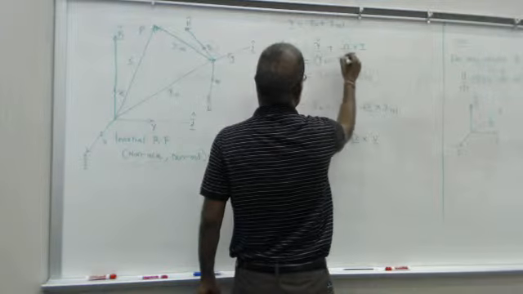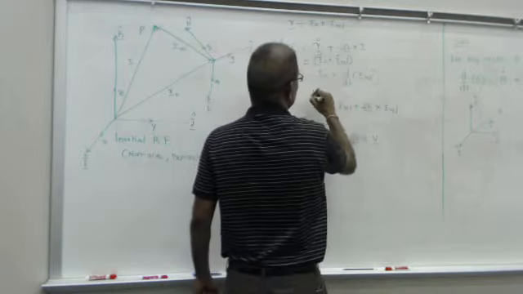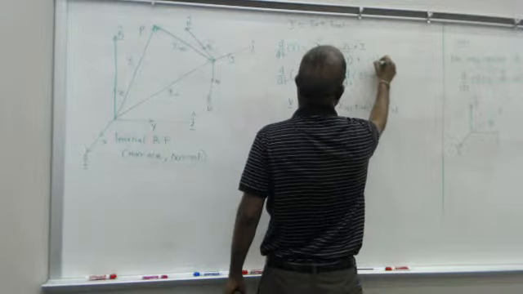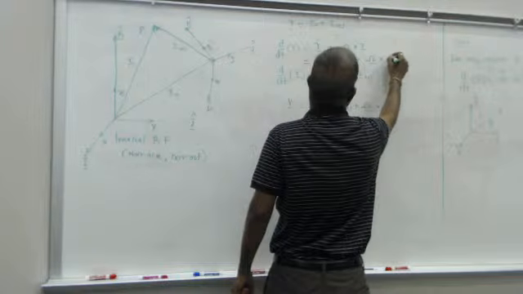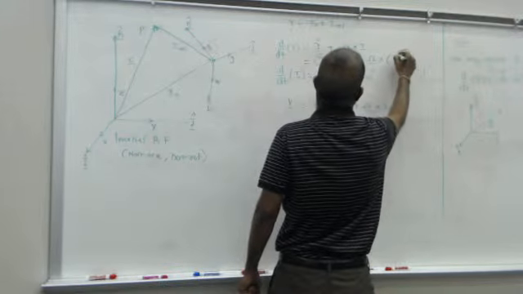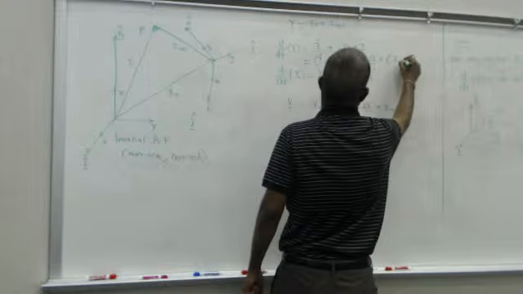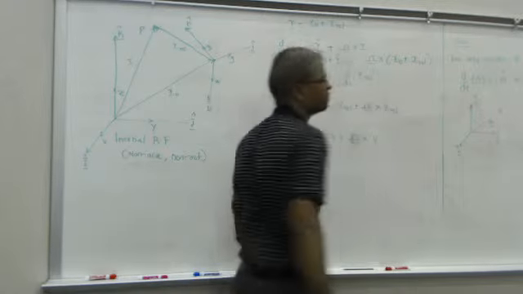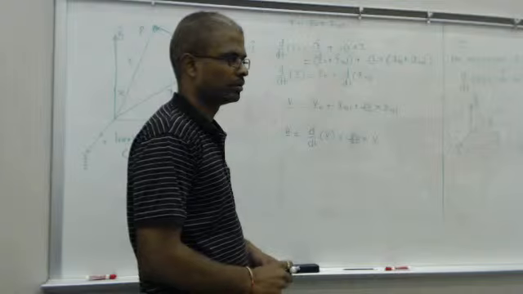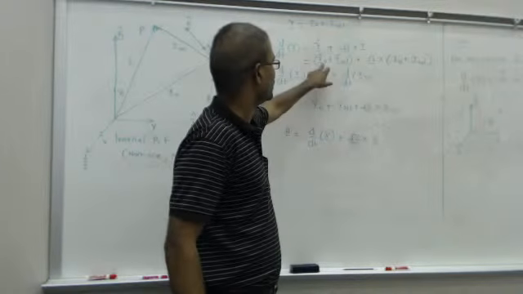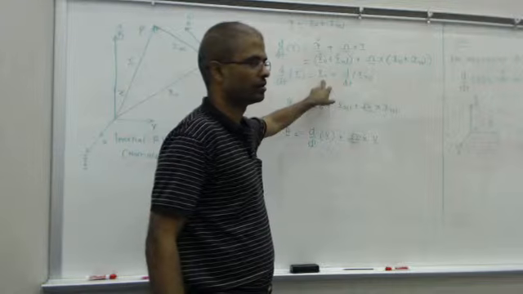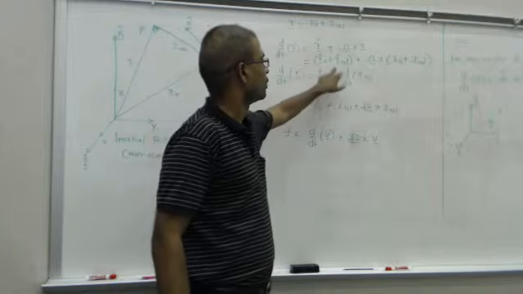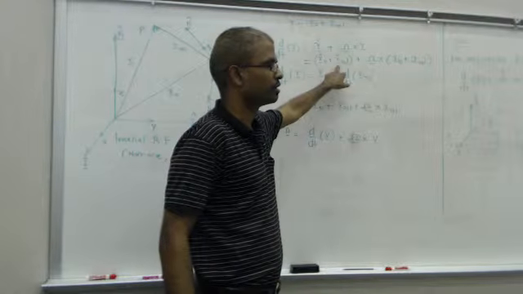You have circle dot plus omega cross with R. This is this. What is this? R relative.